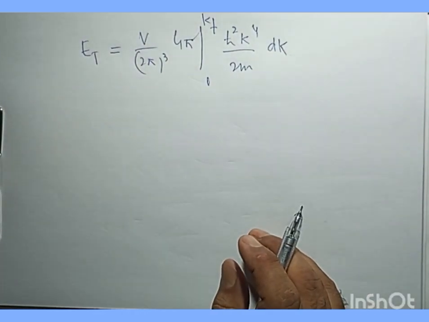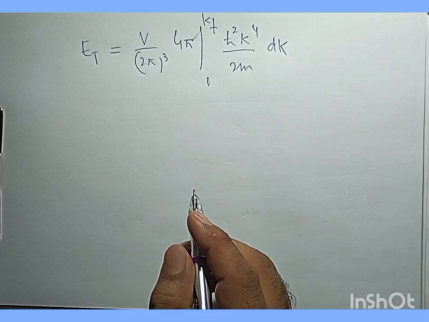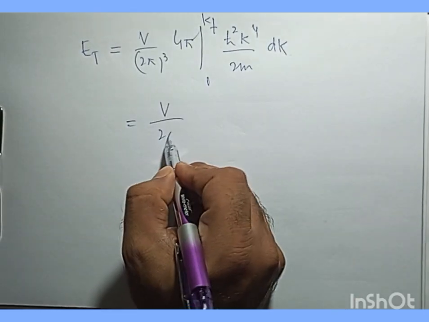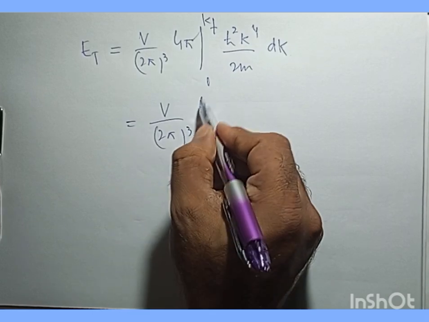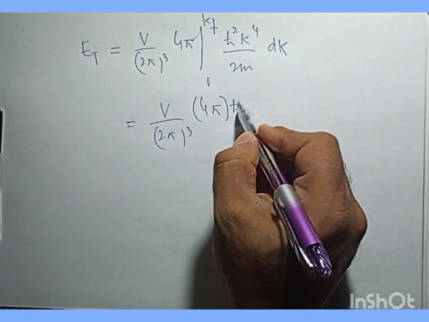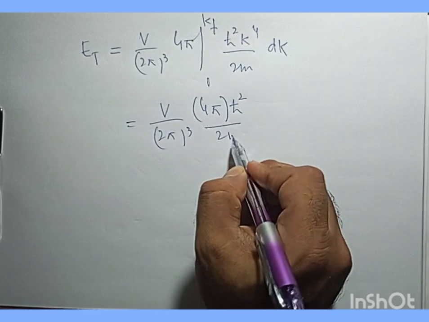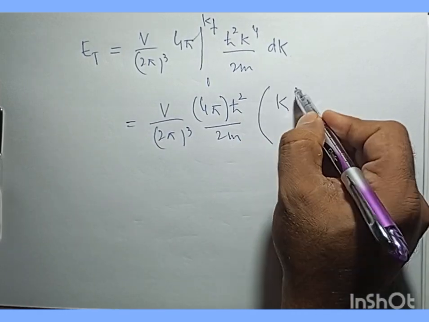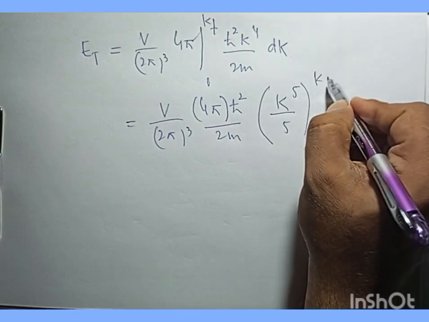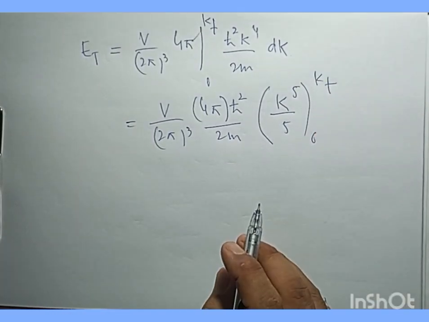This will be the case, and we can evaluate this integral. This is V by (2 pi) whole cube, this is 4 pi, keep it out, h bar square out, divided by 2m out. You integrate it, you will get k to the power of 5 divided by 5, 0 to kF.